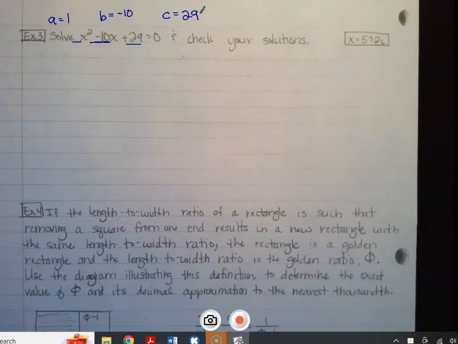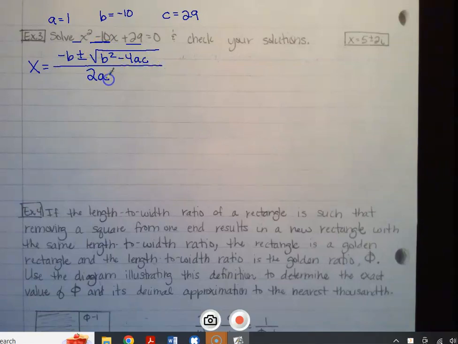Okay, so we might have some rather large, ugly numbers, but that's okay. And our formula is x equals negative b plus or minus the square root of b squared minus 4ac, all divided by 2a. So these are the numbers we're plugging in.